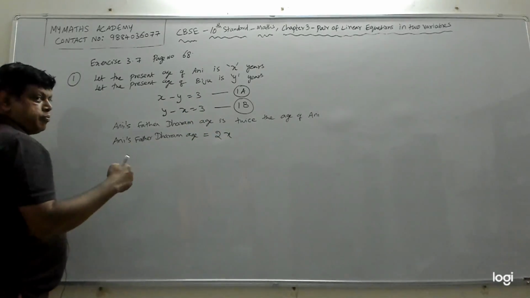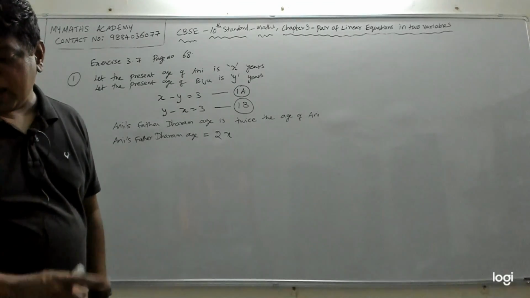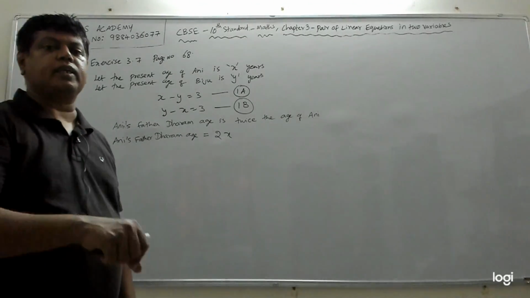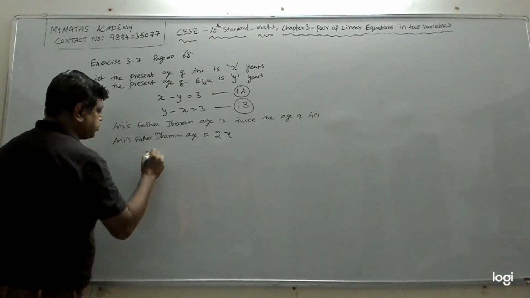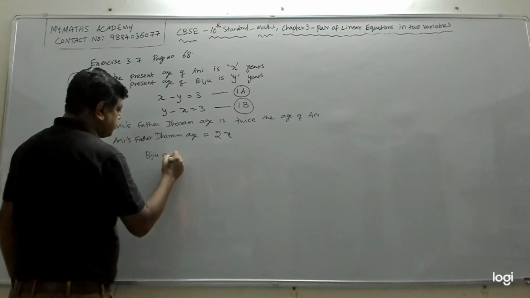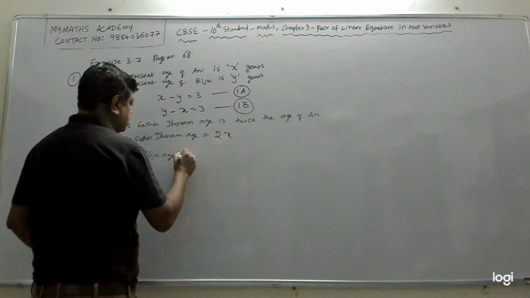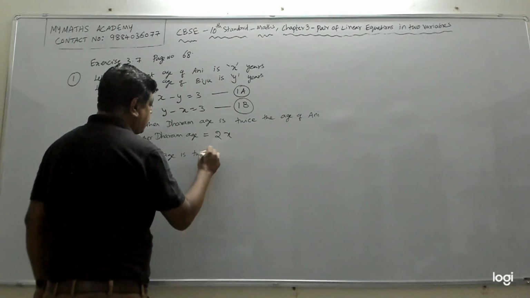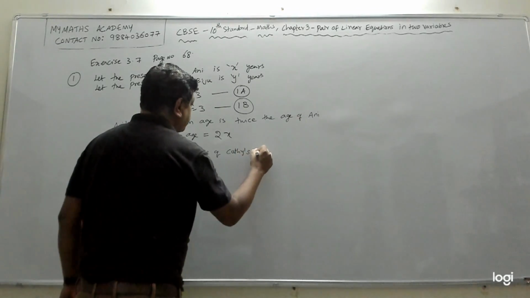Now the next statement is Biju is twice as old as his sister Kathy. So Biju's age is twice Kathy's age.